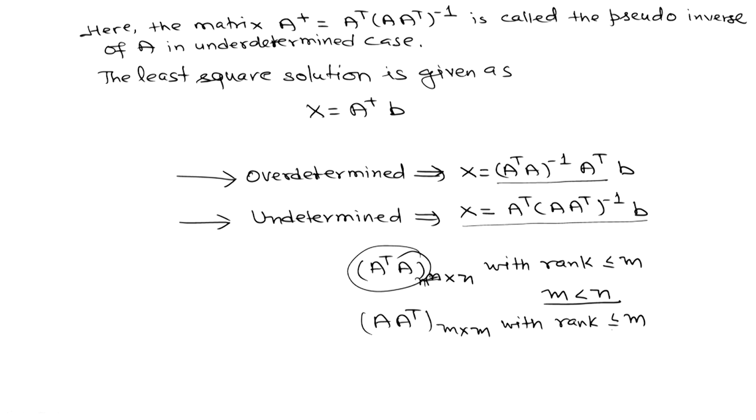So, if rank is equal to m, then you can apply this method of least square approximation. If rank is less than m, then how to find the least square solution, I will discuss in the next to next lecture. So, this is the least square solution for the underdetermined system.